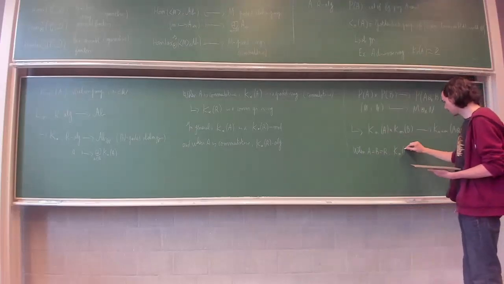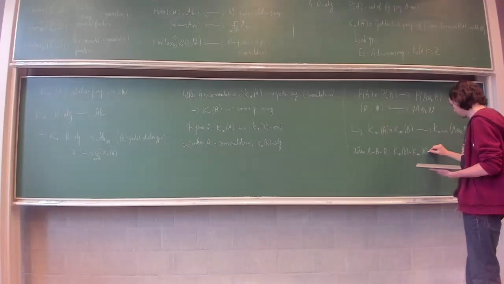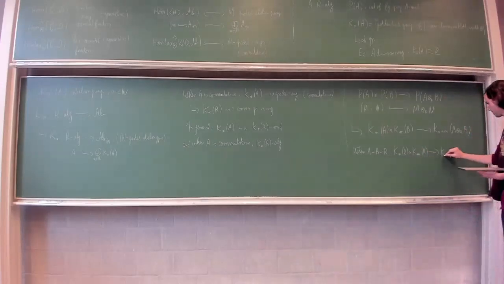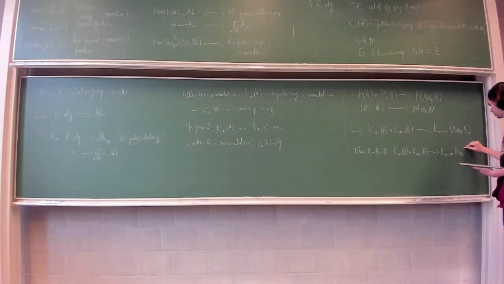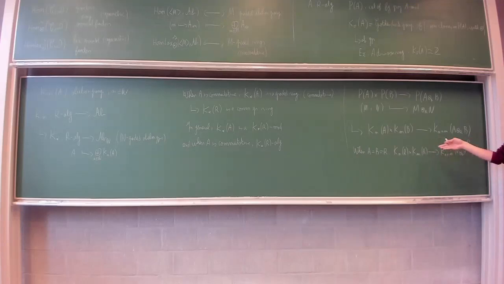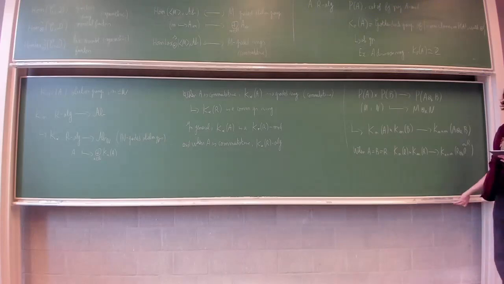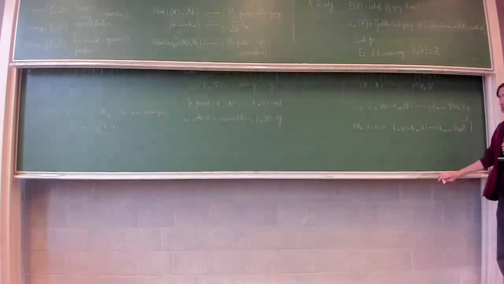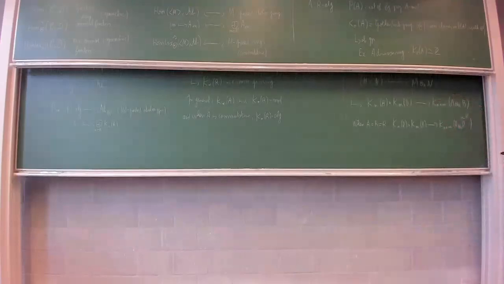Then this is R tensor R. Well, this is just R, right? So you do get this graded ring structure. Okay. So of course we need to check that it is associative and everything.